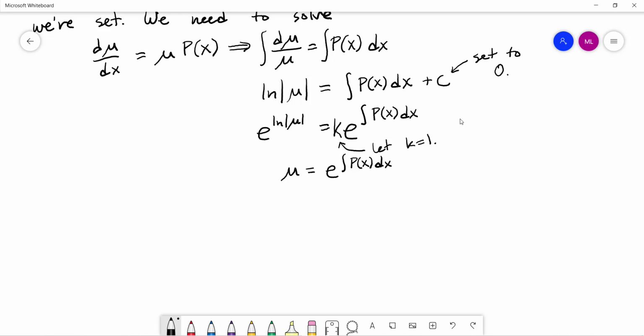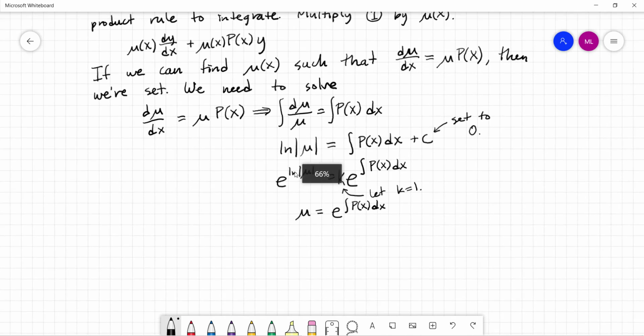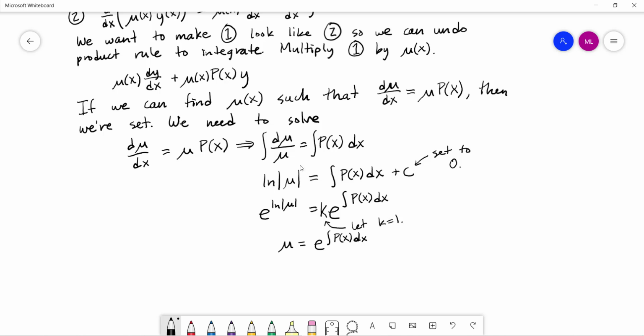That needs to be the function mu that we multiply the entire original equation by. So we've solved for the appropriate mu. This is the mu that satisfies this differential equation. If I take the derivative of this mu with respect to x, I'll get back mu times the original p of x that we were looking for.